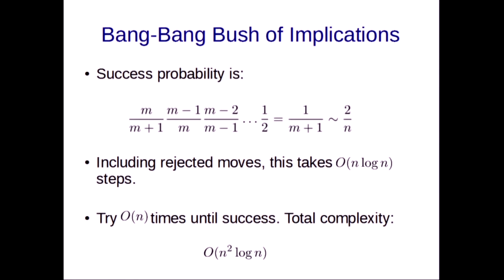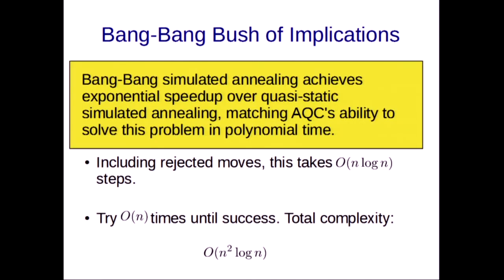So the total complexity of this is order n squared log n, a polynomial scaling. This n is the number of bits. So that is an exponential improvement over quasi-static standard simulated annealing on this particular example problem, which had previously been proposed as an example of exponential separation between adiabatic computing and simulated annealing.